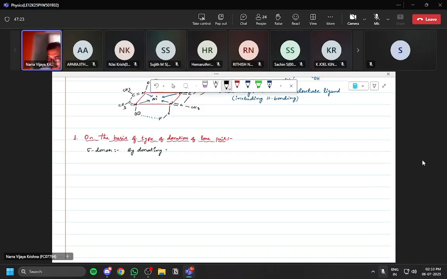By donating lone pair electrons they form a coordinate covalent bond or sigma bond. Examples: water, oxygen donates a lone pair to form a sigma bond. Ammonia, nitrogen donates a lone pair to form a sigma bond. Carbon monoxide, is it a sigma donor or not?